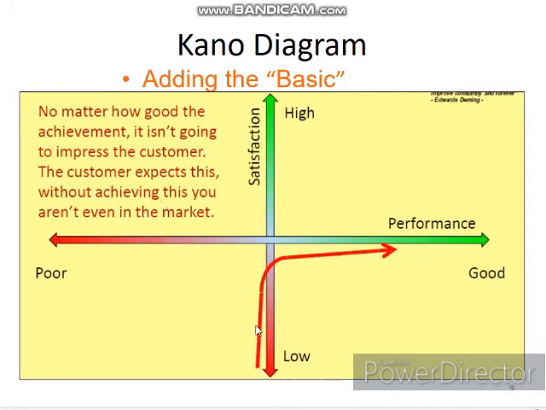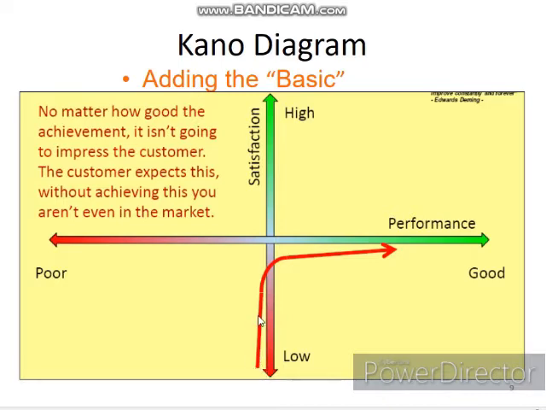So the basic line is a feature of a product where, if the performance is very poor, even slightly poor, the satisfaction level will drop tremendously, because this is a basic function of that product.